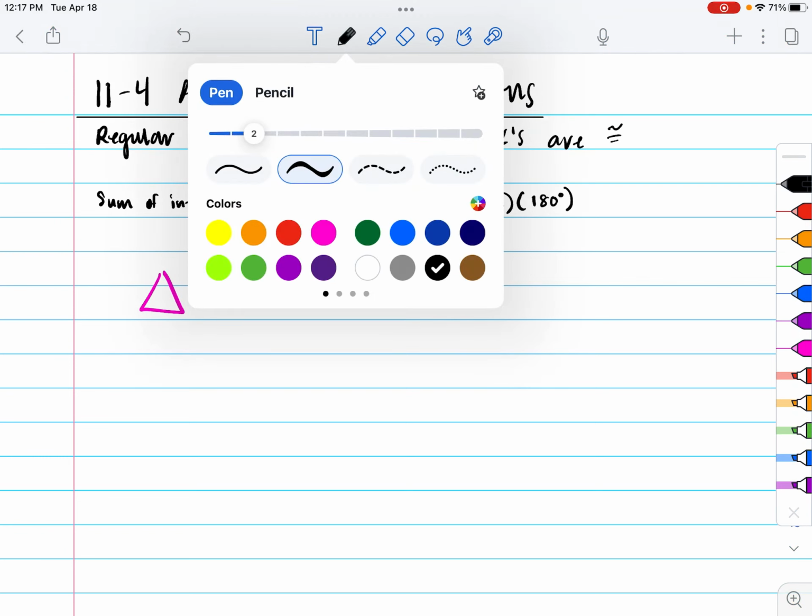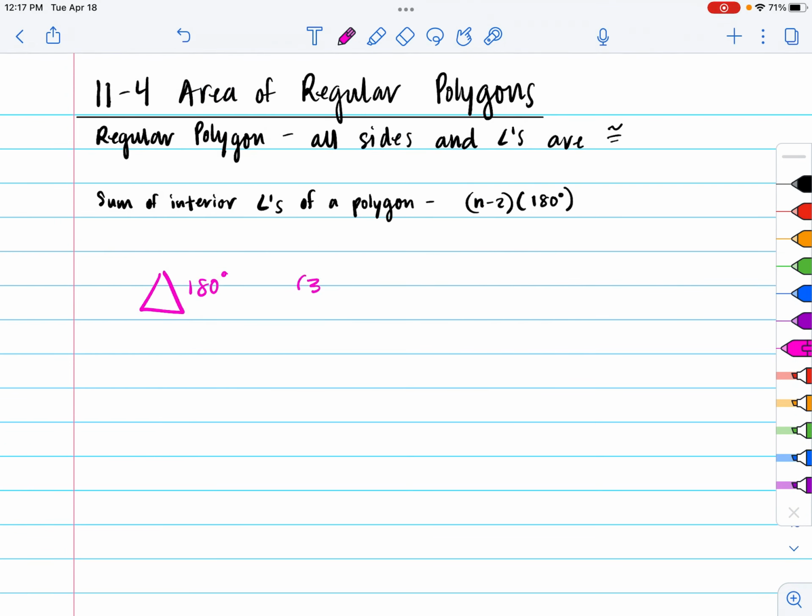So if we took this triangle, we know there are 3 sides, so 3 minus 2 times 180 becomes 1 times 180, which is 180. We could do this for any polygon, whether it's 8 sides or 100 sides, using this formula. So that is something we definitely need to be able to recall in today's lesson.